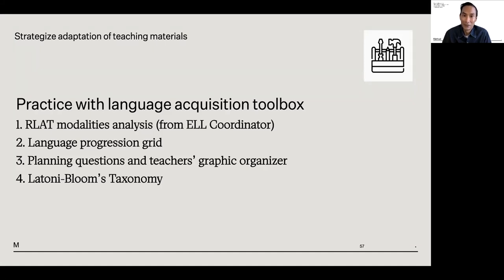And by all means, use the Bloom's taxonomy chart that was super hyped up by this Professor Latoni. Don't know who that person is, but it really changed my way of looking at language objectives as they relate to content objectives. So that's pretty much the toolbox there.